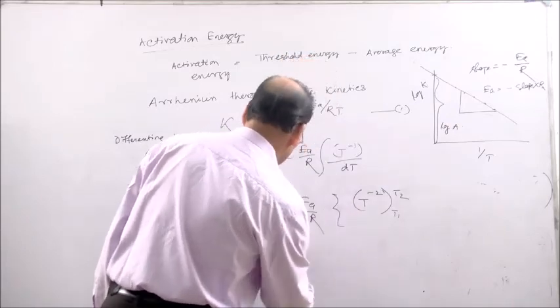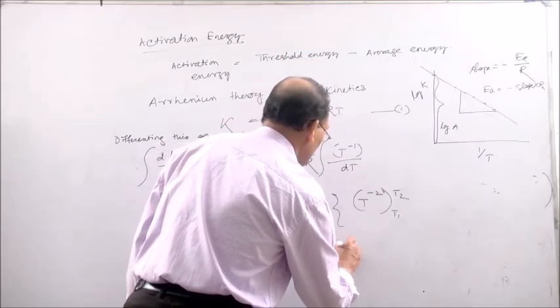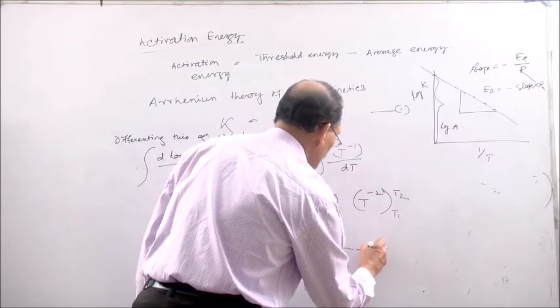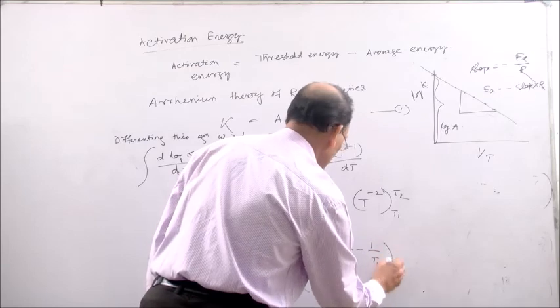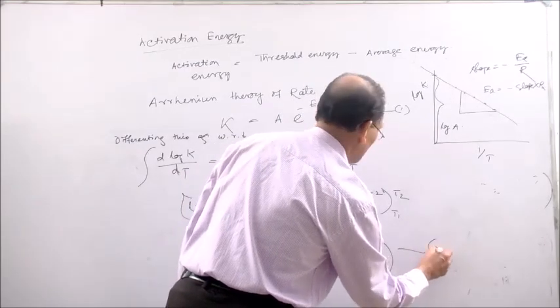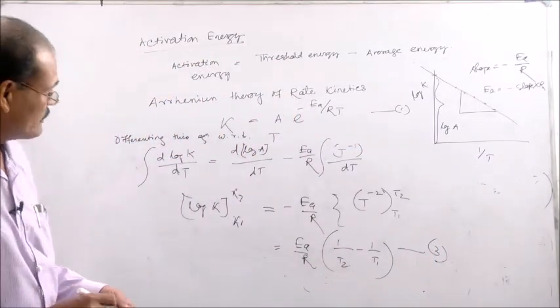So that is equal to Ea by R into 1 by T2 minus 1 by T1. This gives the integrated Arrhenius equation.